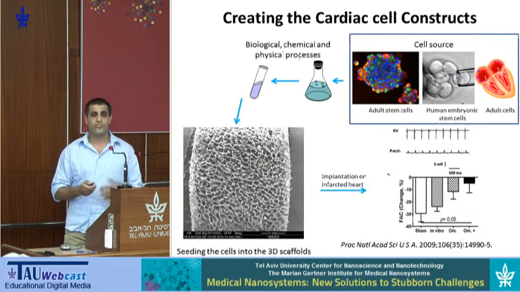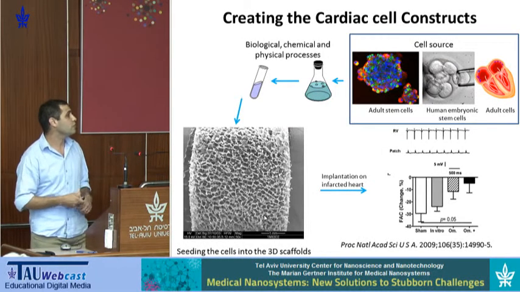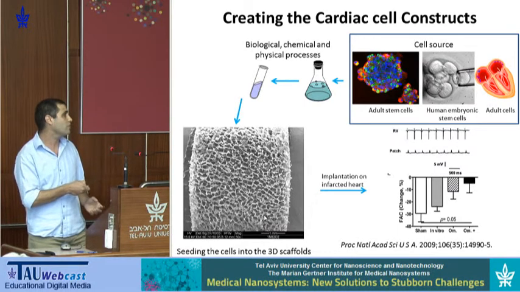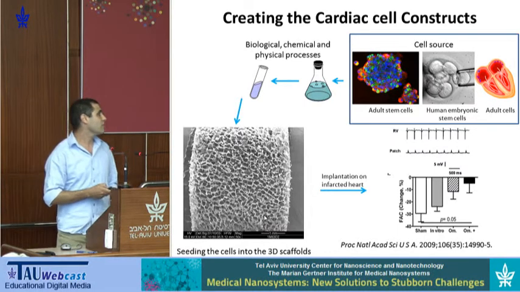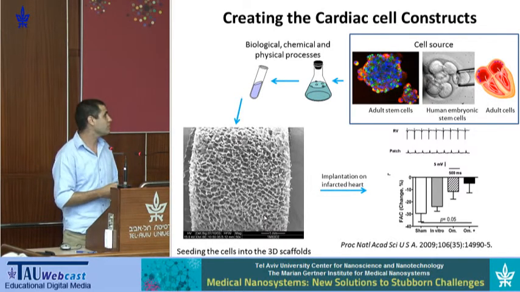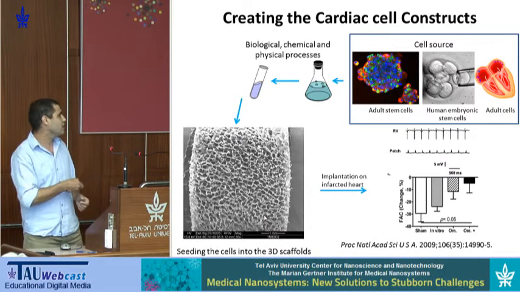So how do we construct or engineer the cardiac patches? Basically, we can use different cell types. We can use adult cells from biopsies, human embryonic stem cells, or adult stem cells such as mesenchymal or cardiac stem cells. We manipulate these cells, and then we seed them in the three-dimensional biomaterial.